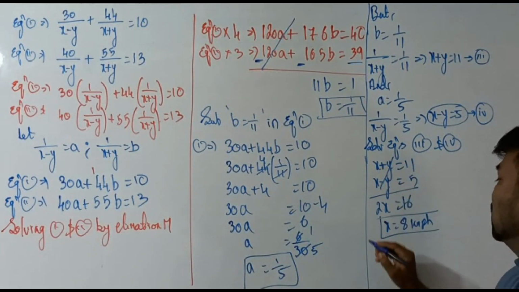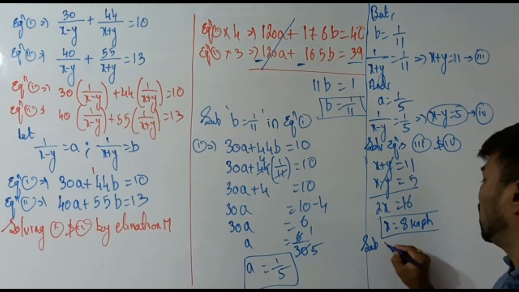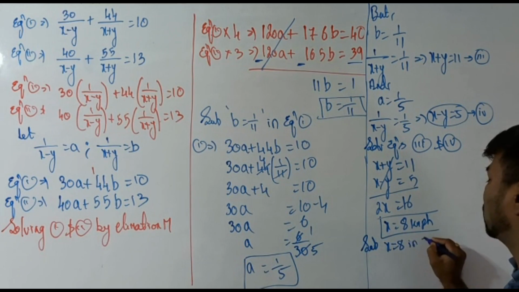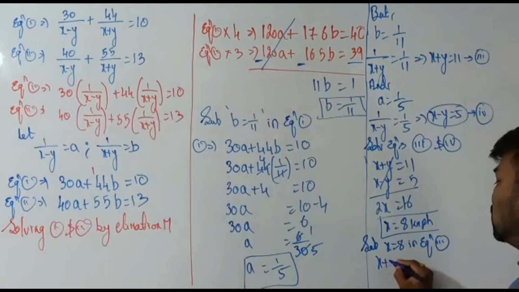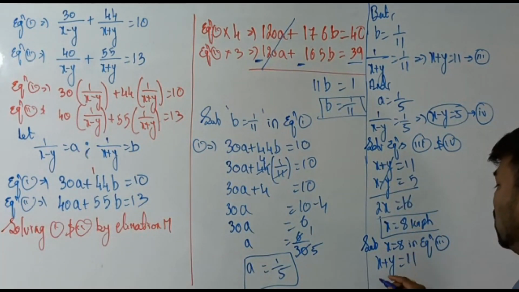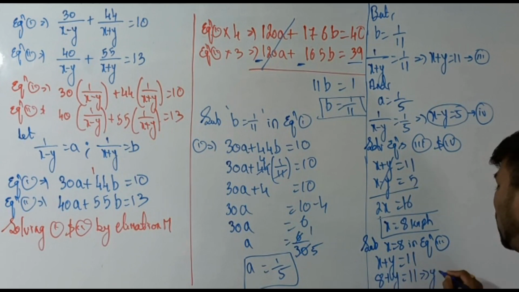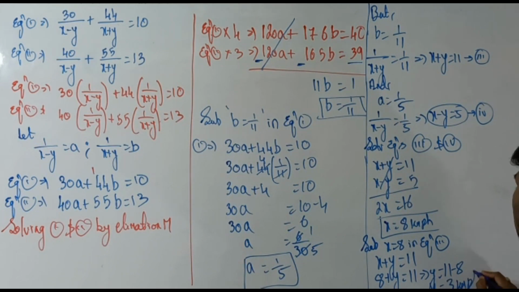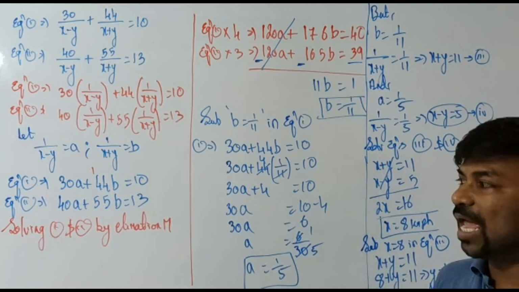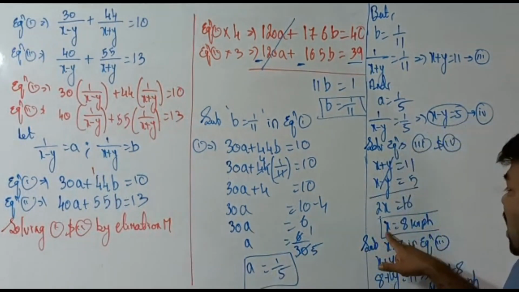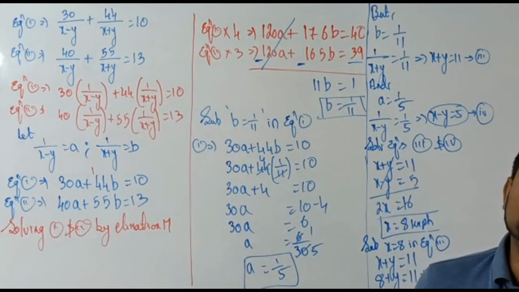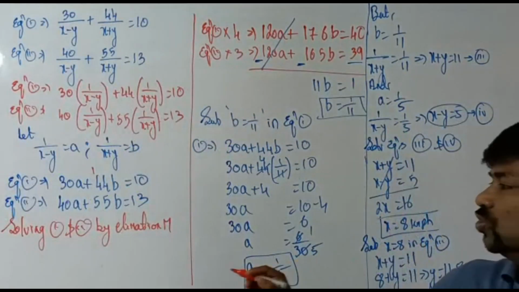Let's substitute x equals 8 in equation 3. x plus y equals 11, so 8 plus y equals 11, which implies y is equal to 11 minus 8, y equals 3 kilometers per hour. So we got the calculation here. x is equal to 8, which is the speed of the boat. You write the conclusion.